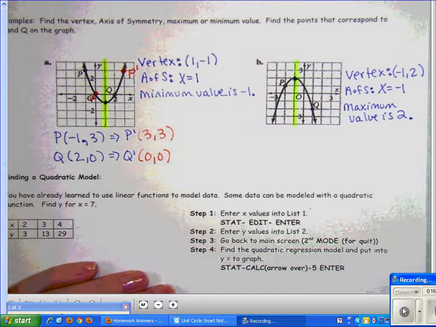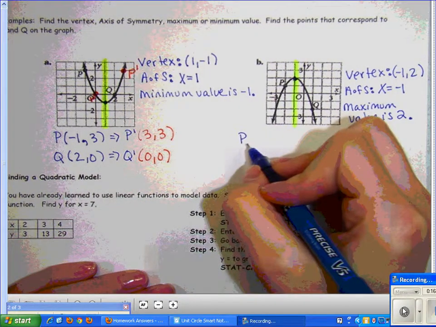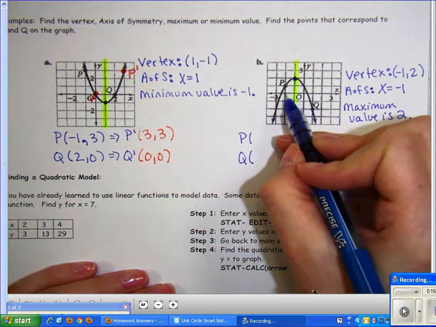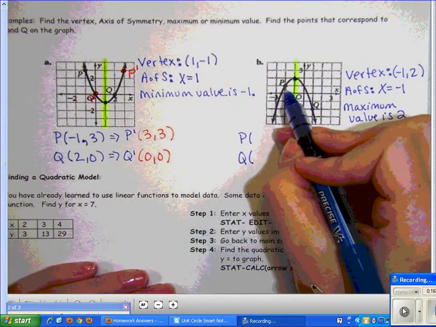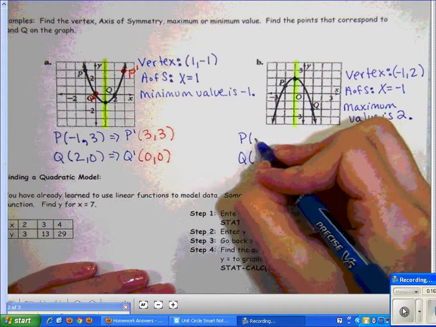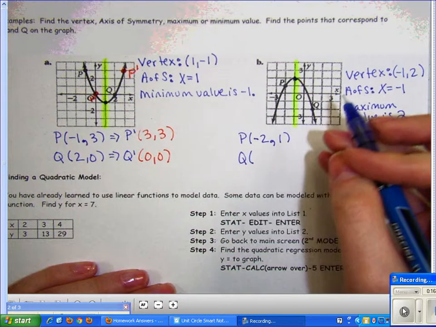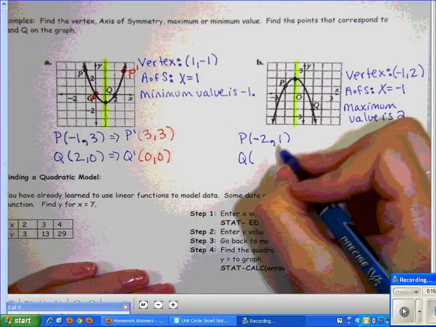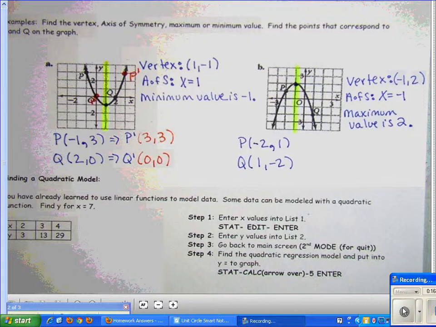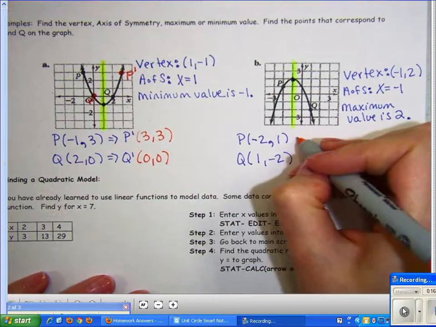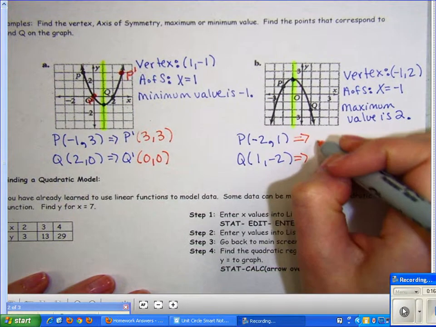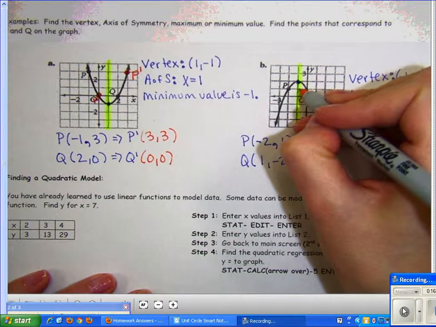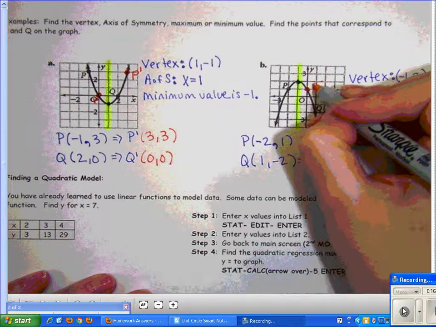Now I need to figure out what P and Q are on my graph. So P is the point negative 1, 1, and Q is at 1, negative 2. If I want to find the corresponding points, I have to look at the other side of the parabola, what would match up. So P prime would be right here, because this is 1 away from my axis of symmetry, and so is this side, so this would be P prime.